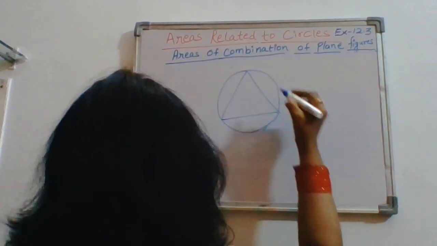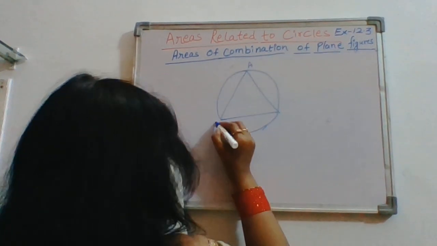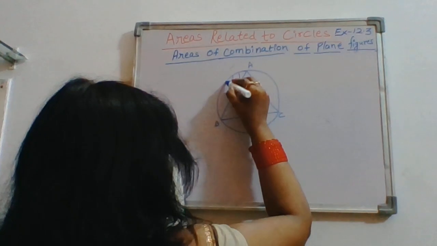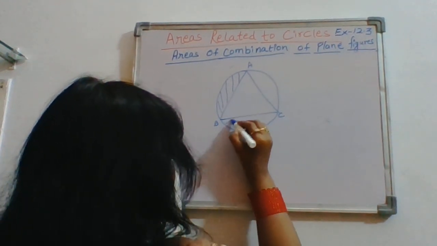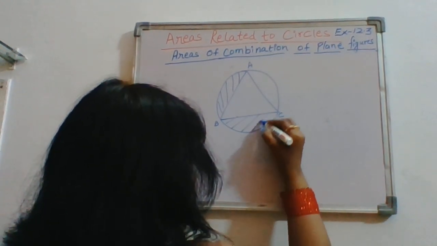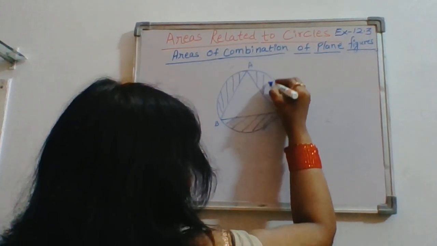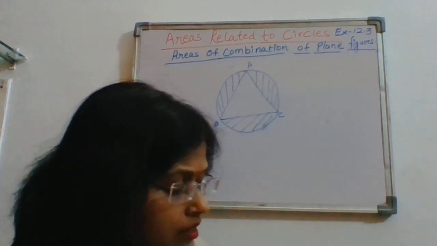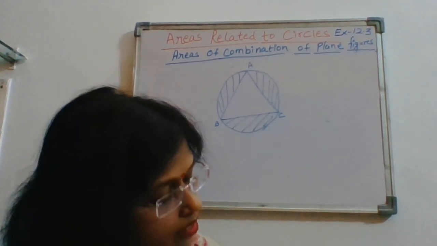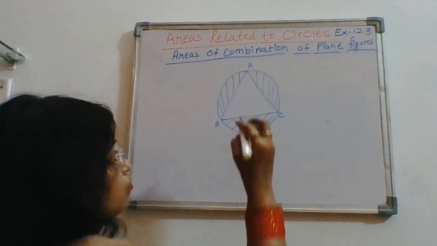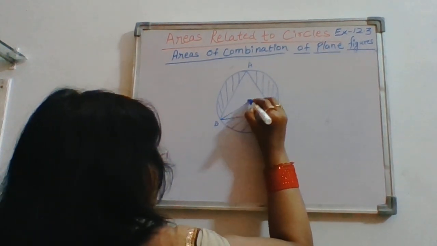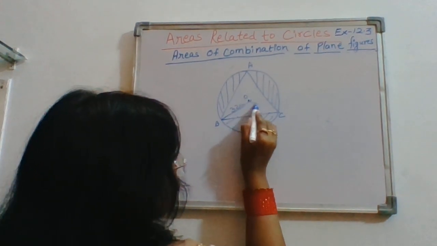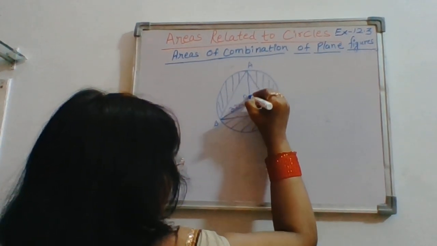A circle and an equilateral triangle is inscribed in it, and we have to find the area of these regions. So, in a circular table cover of radius 32 centimeter, radius is your 32 centimeter. Join this also OC and OA.